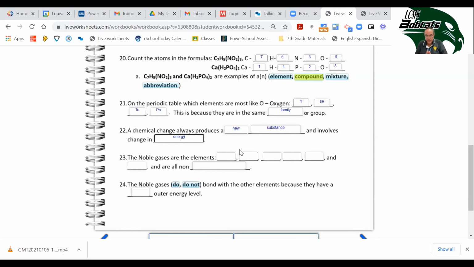Noble gases are the elements that are all the way over at that last family, the very last column, which is family 8. And then the first one in family 8 is helium. And right under helium is neon. Right underneath neon is argon. And right under argon is krypton.